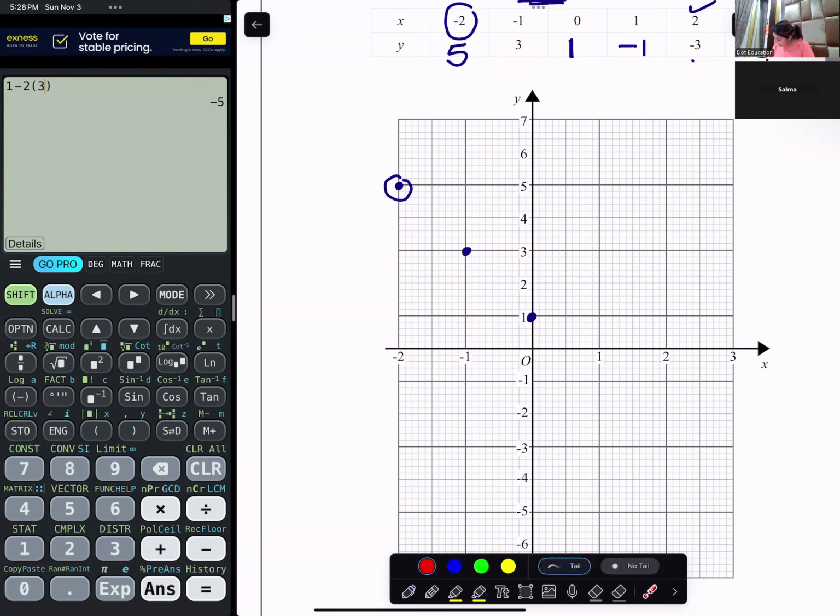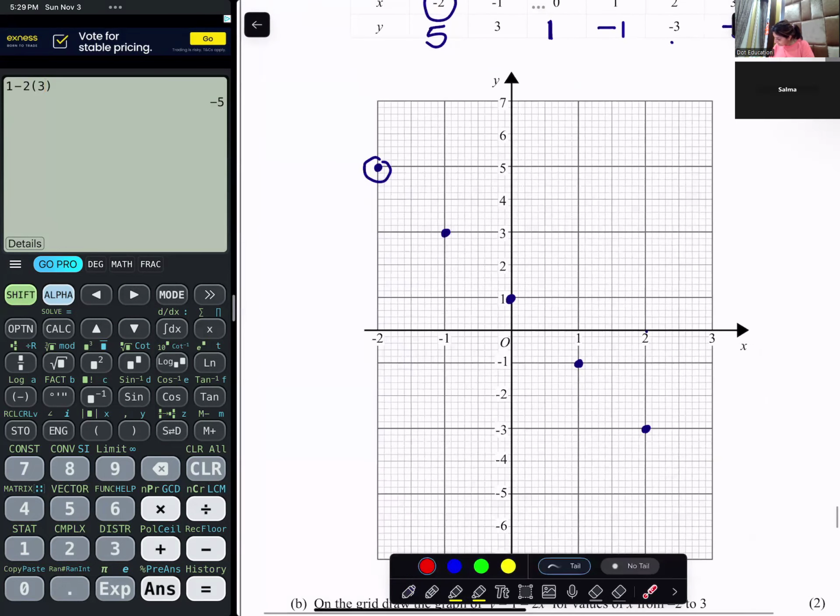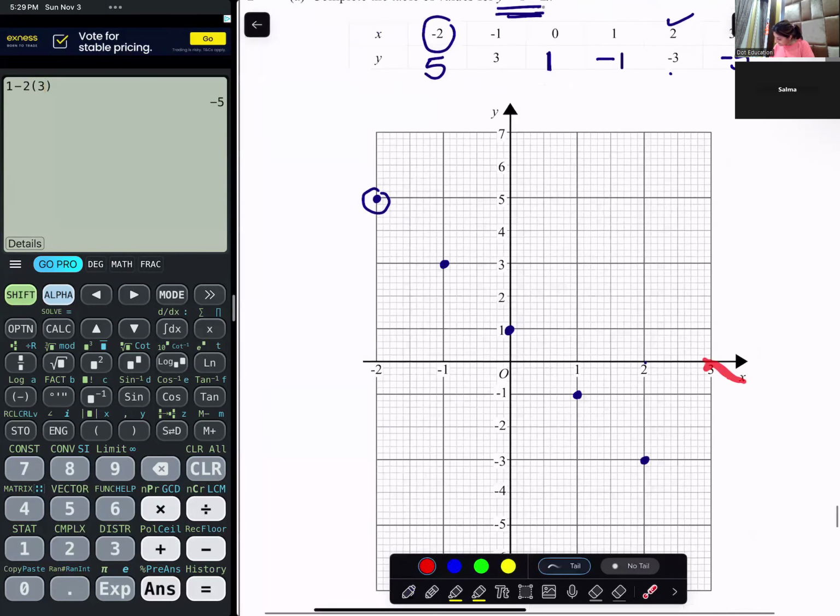When x is 1, y is minus 1. When x is 2, y is minus 3. When x is 3, y is minus 5.